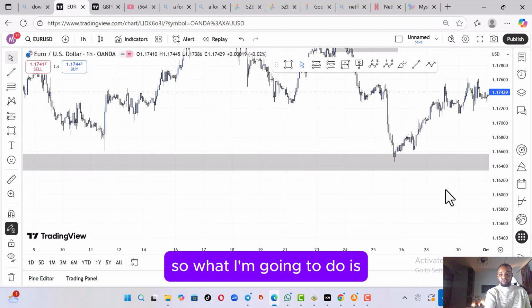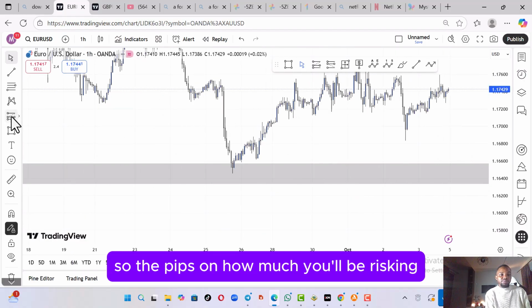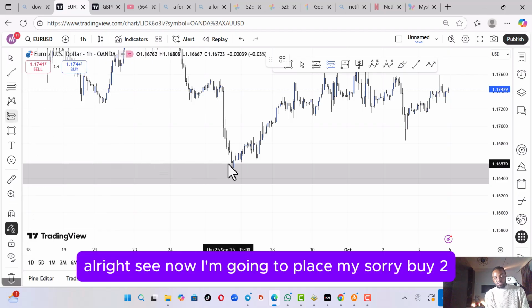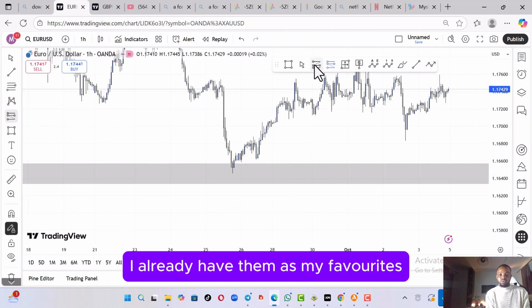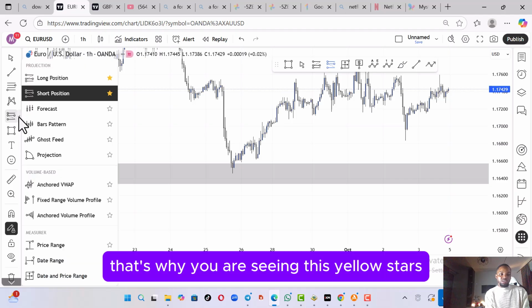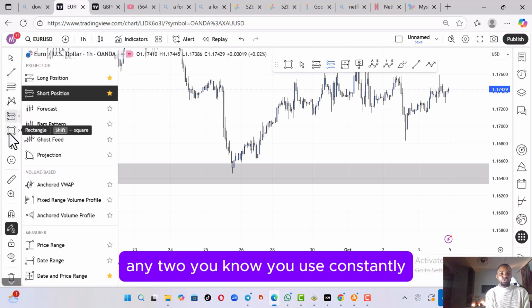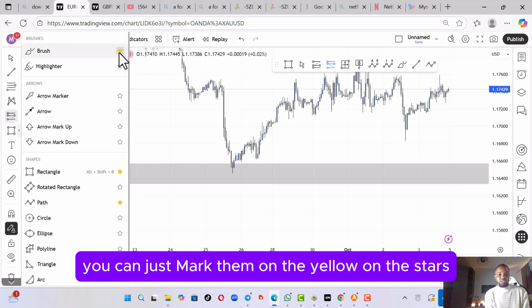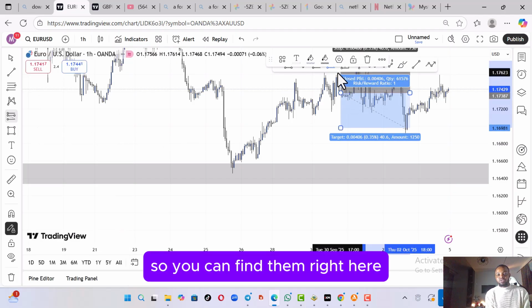So what I'm going to do is, you need to calculate the pips, so the pips on how much you'll be risking and how much you'll be gaining. Alright, see, now I'm going to place my buy tools. I already have them as my favorites. That's why you are seeing these yellow stars, so you can find them here. Any tool you know you use constantly, you can just mark with the yellow star, and it will be added to your chart as a favorite, so you can find them right here.